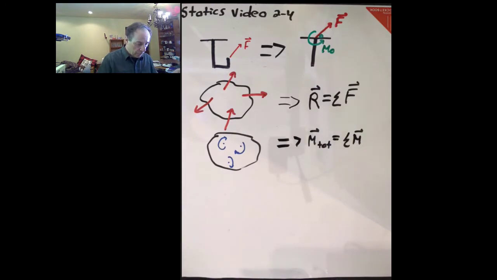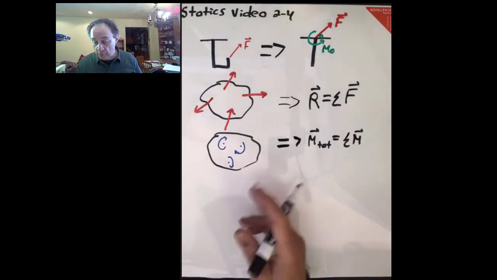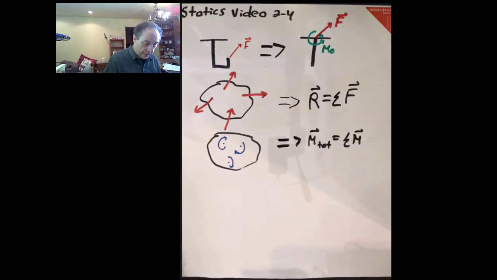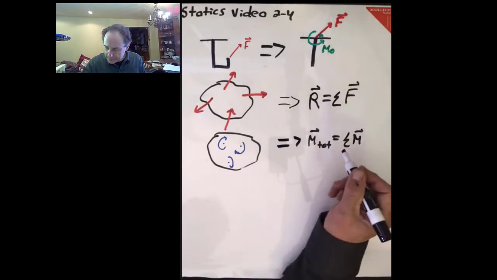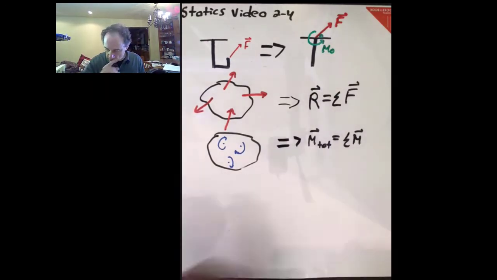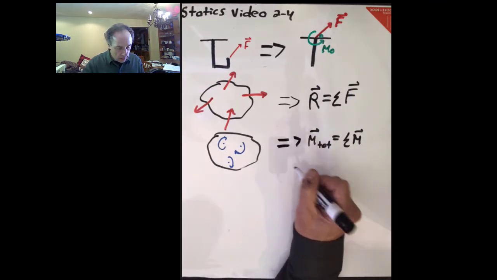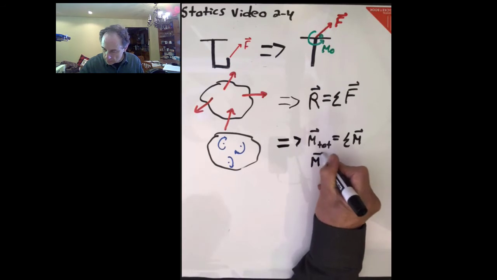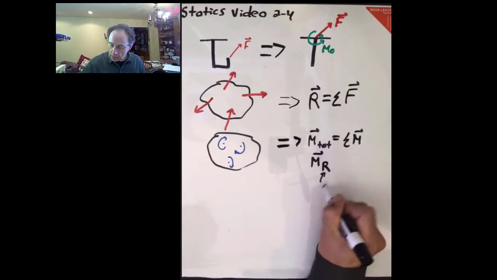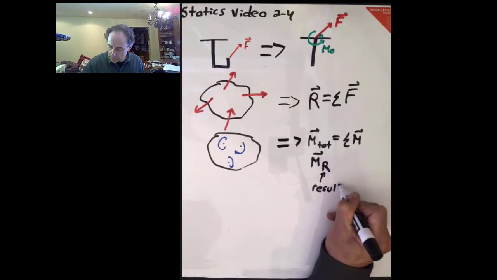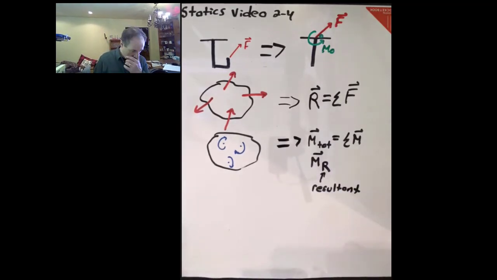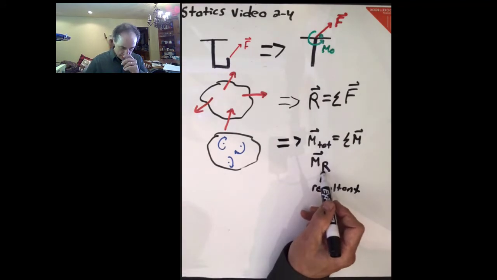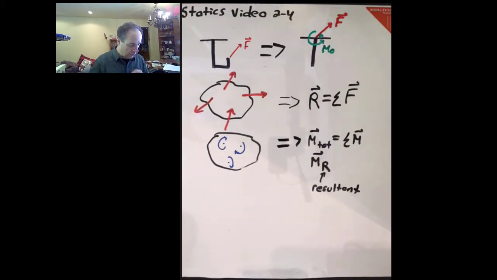So finding resultants, or sometimes resolving resultants into their components, is an important part of problem solving in statics. So this M total is probably more commonly called a resultant moment. So you'll probably see that more commonly than the TOT for total.